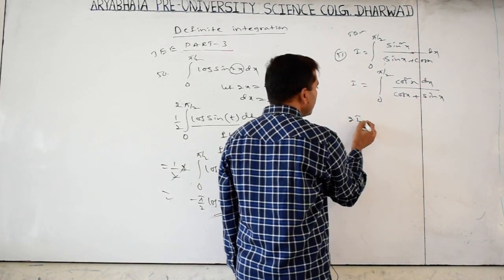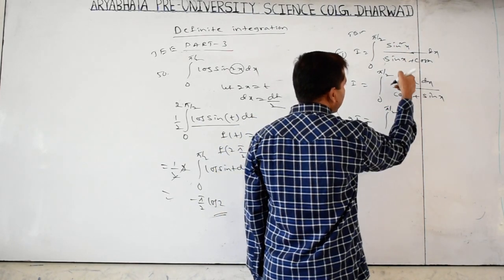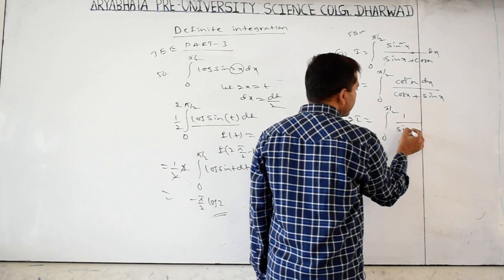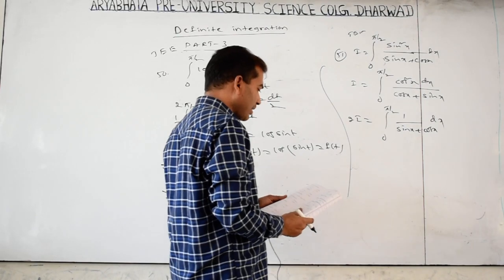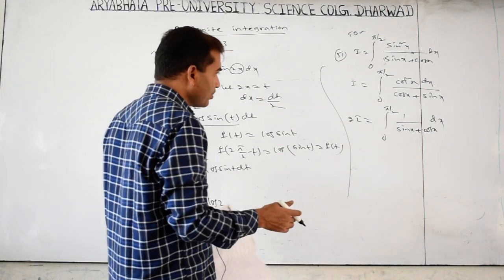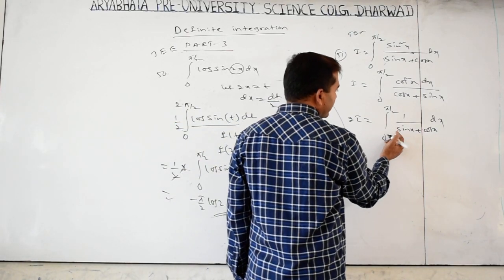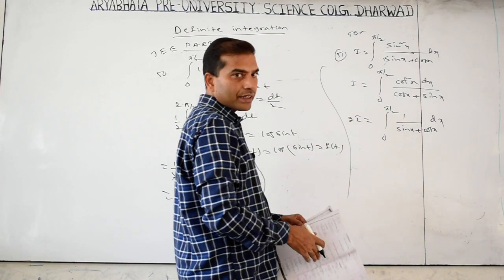Adding both, 2I equals 0 to pi by 2 of sin square x plus cos square x, which is 1, by sin x plus cos x dx. This is the standard formula. If you forget the standard formula, again it takes 2 minutes. Multiply by root 2 here. This is sin of x plus pi by 4, and let x plus pi by 4 equal t. Like that you can solve.